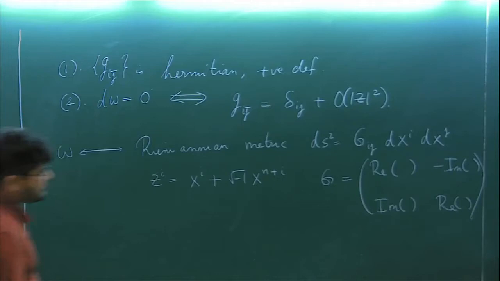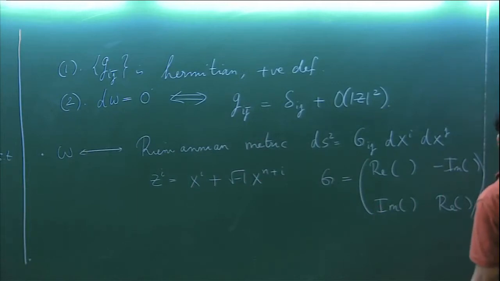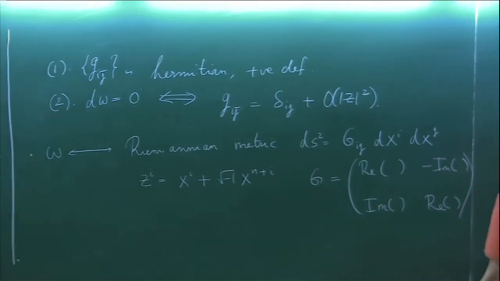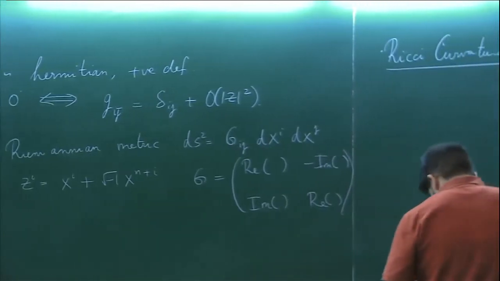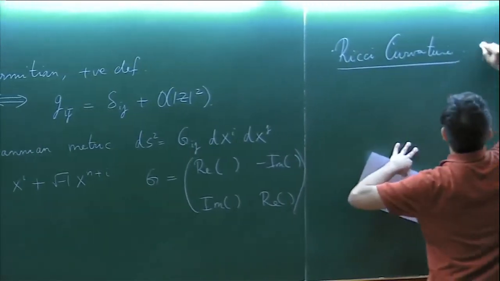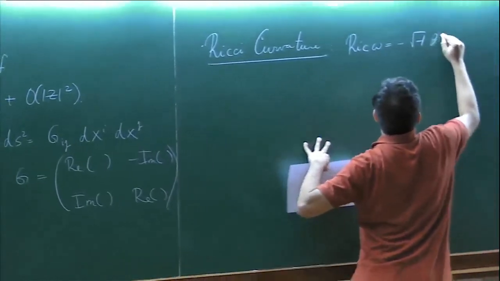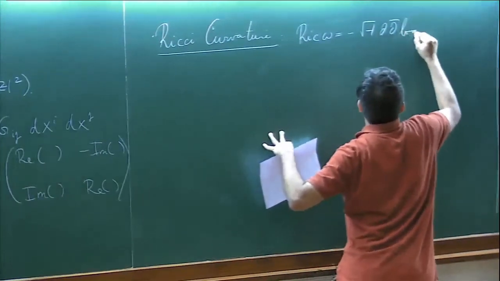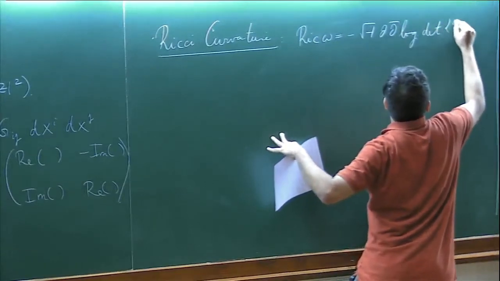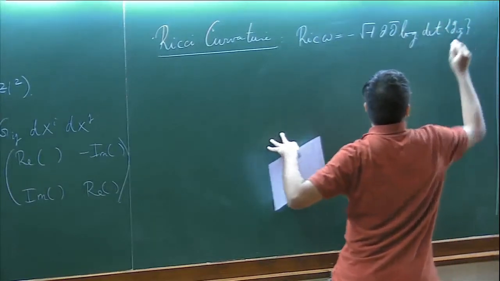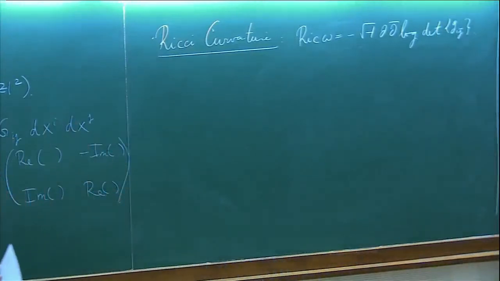So then we also defined a notion of Ricci curvature, which you saw a definition of again this morning. It's defined to be this form: minus √-1 ∂∂̄ log of the determinant of G_{ij̄}.